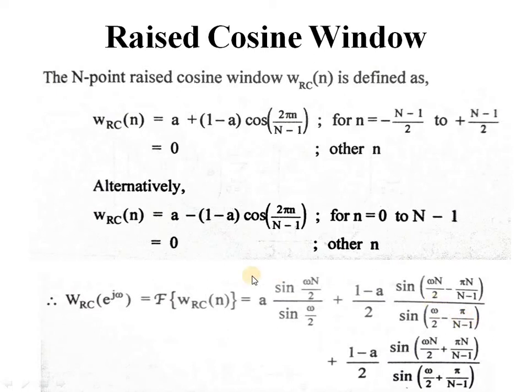It's a simple proof: just by substituting the equation and finding the Fourier transform, we yield this particular expression.